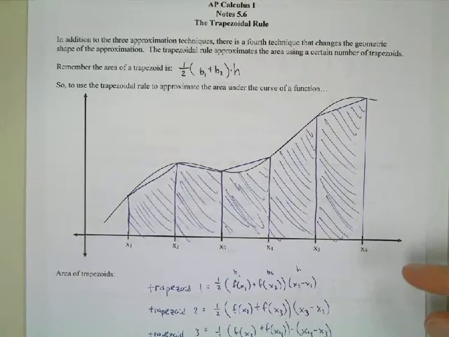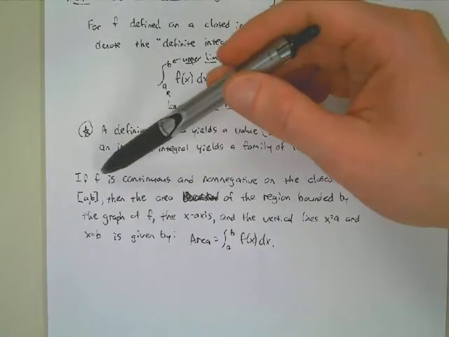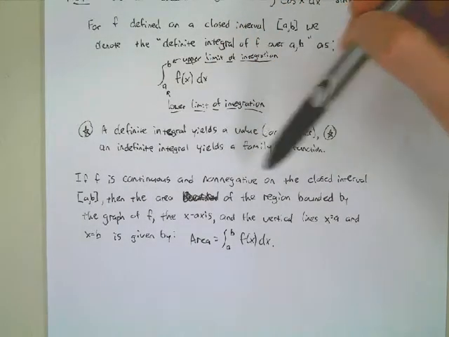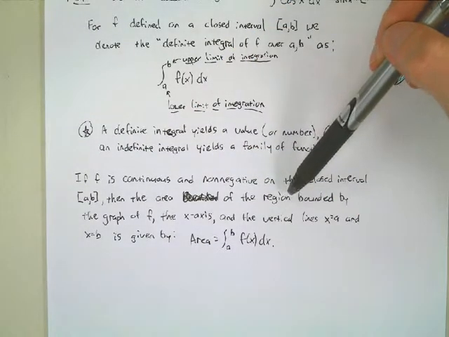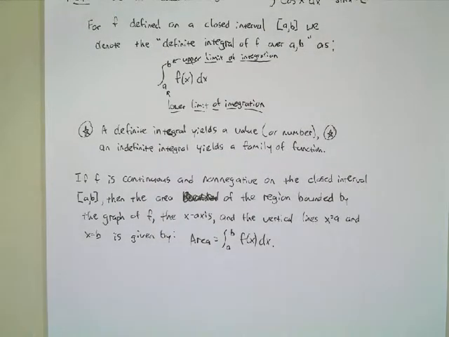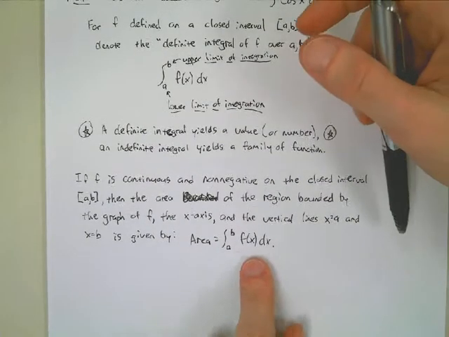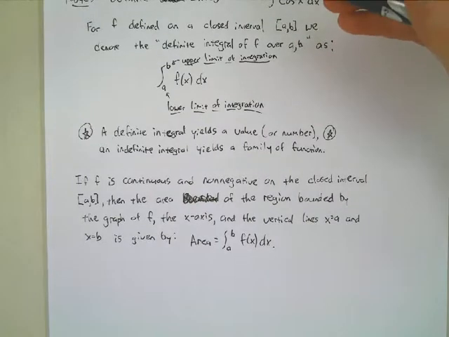Well, now we're being told that if you have a function that's continuous and non-negative on a closed interval, then the area of the region bounded by the graph, the x-axis, and those vertical lines a and b is simply the definite integral. That's it. These are the same thing. They're the same idea.